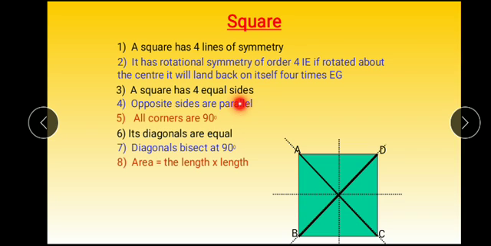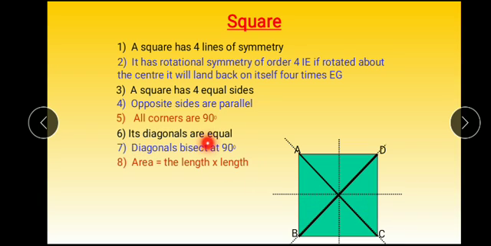A square has four equal sides, so all the sides of a square are equal. Opposite sides are parallel in a square. See, these two are opposite sides, so opposite sides are equal as well as parallel. Similarly, these two opposite sides are also parallel. All corners are 90 degrees, so all corner angles have the measure 90 degrees.